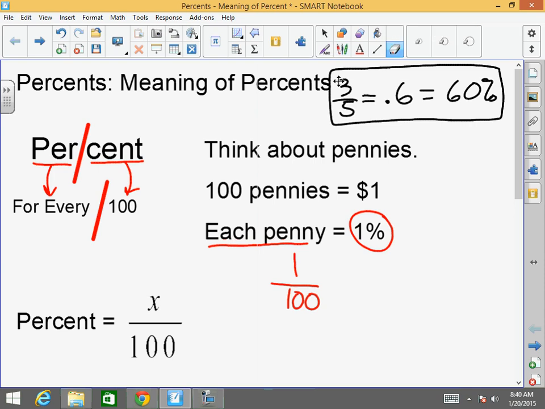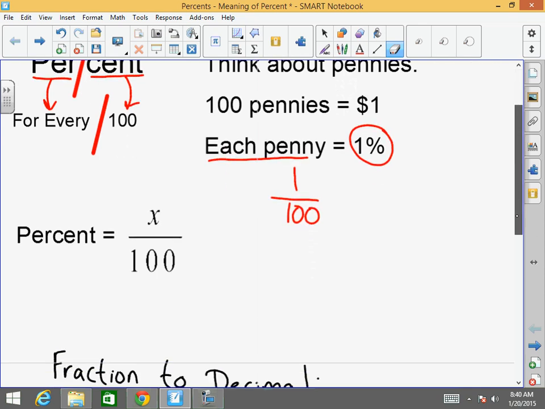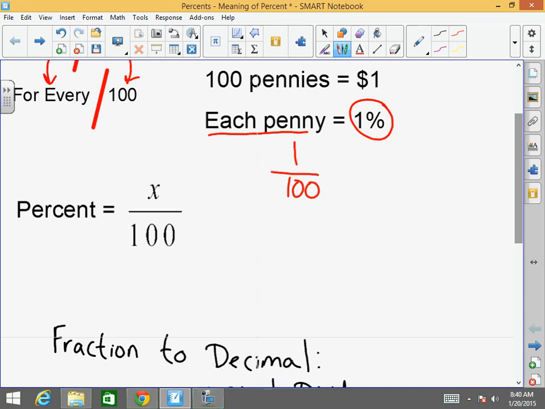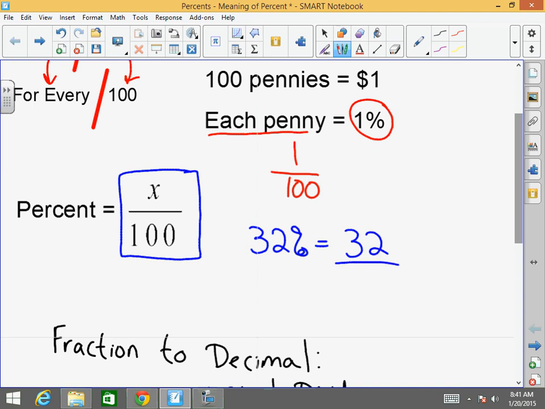So since percents mean for every 100, we could write percents in fraction form. A percent can be written as x over 100 because percents mean for every 100. So if I have 32%, that means it's 32 out of 100. How do we write that as a decimal?